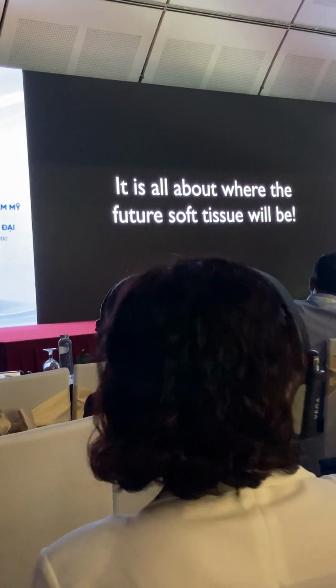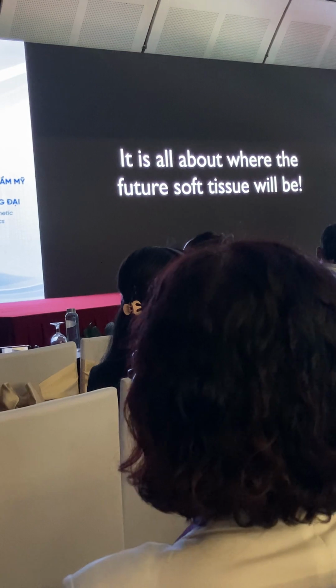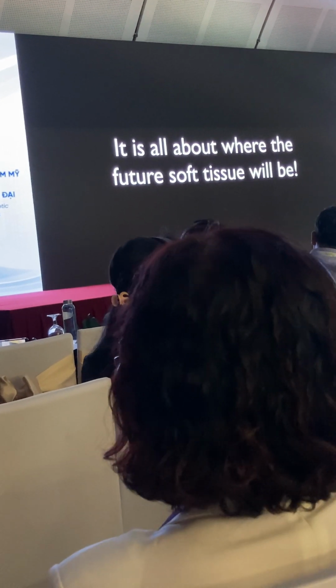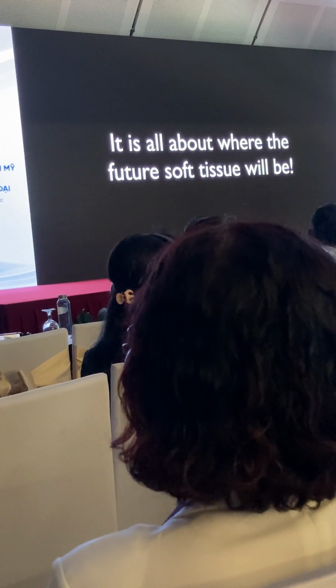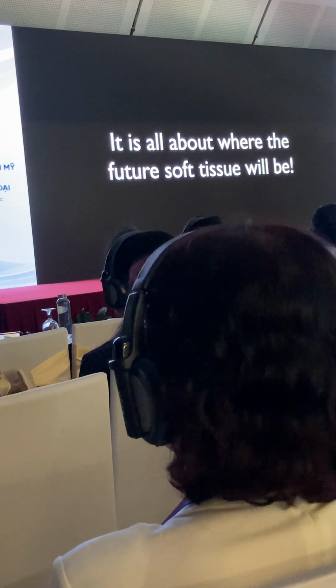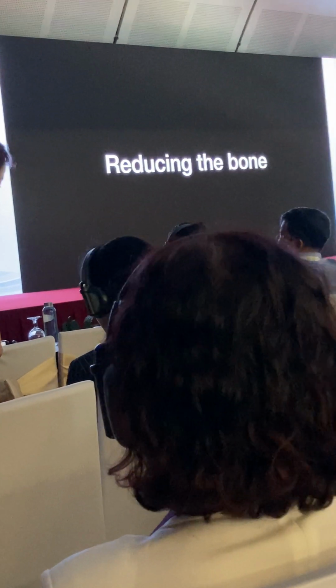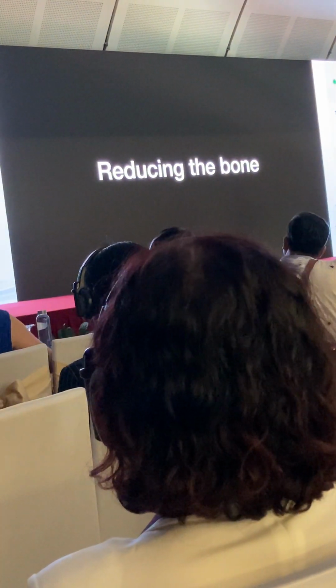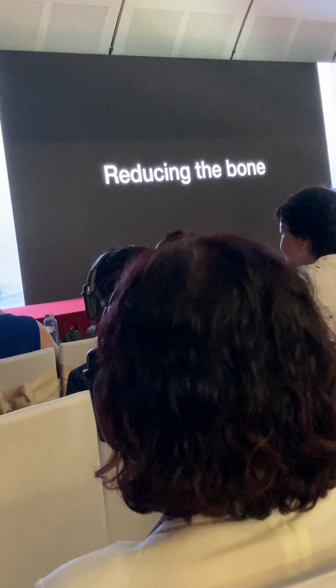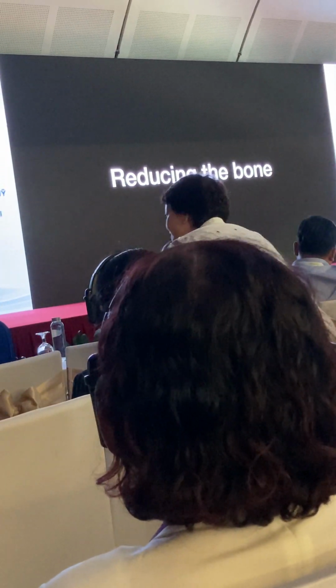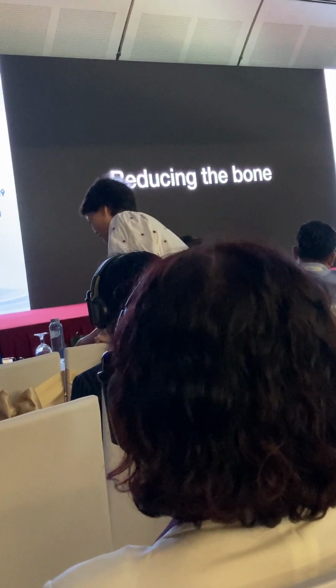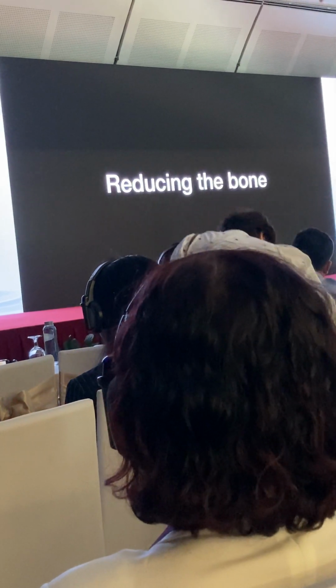Future. We place the implant, we want this soft tissue in the future. Okay? Now, when you place it, the soft tissue may change. So we are looking at a future soft tissue level. Sometimes we have to reduce the bone. We're always talking about regenerating bone, right? I'm telling you something different. If we have too much bone, we have to remove it.